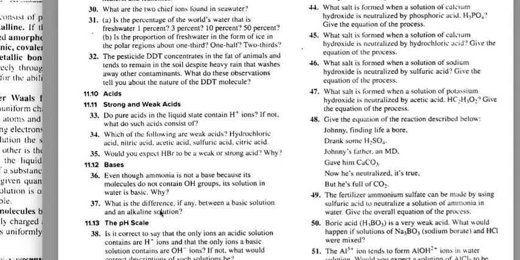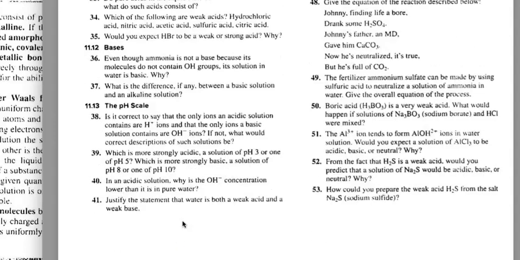A basic solution is going to contain the hydroxyl ion, the OH negative 1, whereas an alkali solution is going to contain the +1 ions, whether it's the hydrogen ion or any one of the other alkaline elements. It will be +1. Okay, let's see, what is the next one? It is 39.